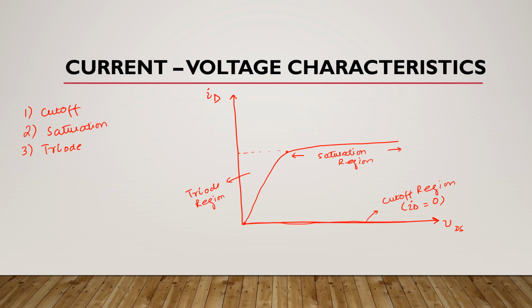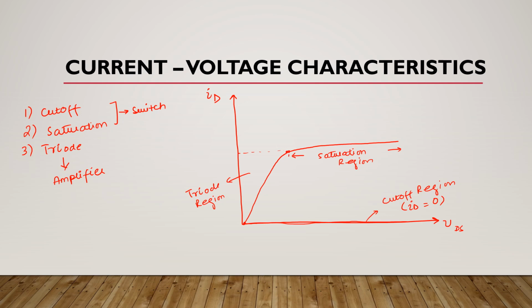In cutoff and saturation regions, MOSFET acts as a switch, whereas in triode region, MOSFET acts as an amplifier.